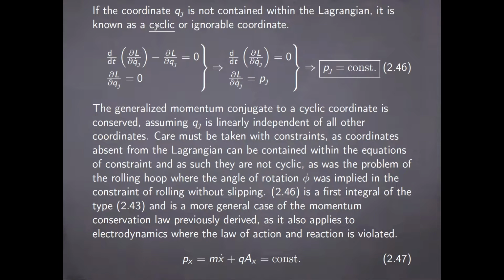If the coordinate qj is not contained within the Lagrangian, it is known as a cyclic or ignorable coordinate.